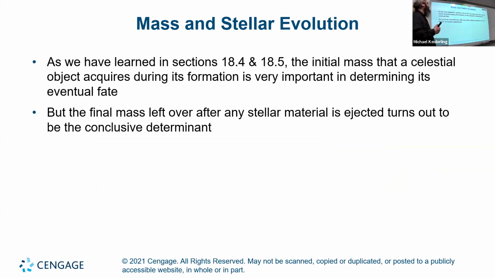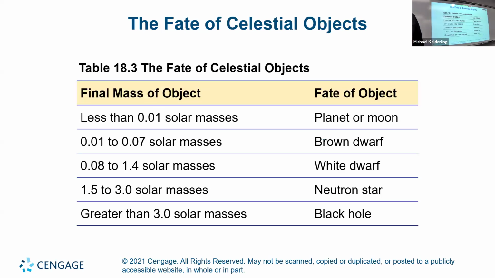And in general, we learned the initial mass that a celestial object acquires during its formation basically determines what happens for the rest of its life. But the final mass left over after any stellar material gets ejected is what's the conclusive determinant. But that final mass is basically determined by the initial mass.